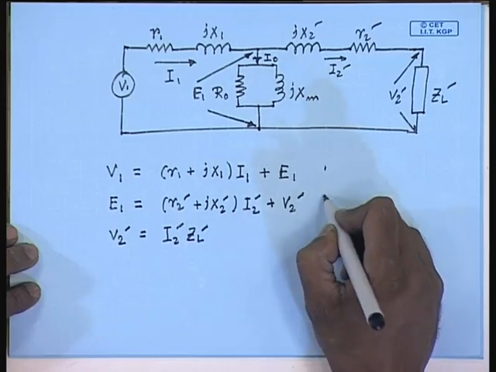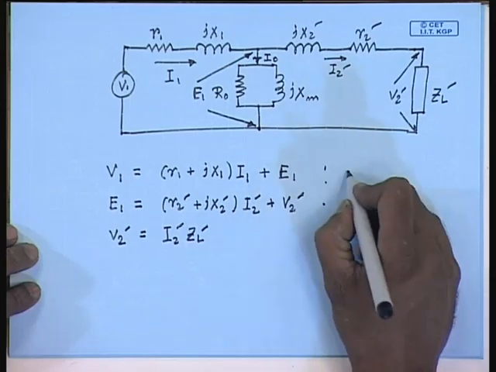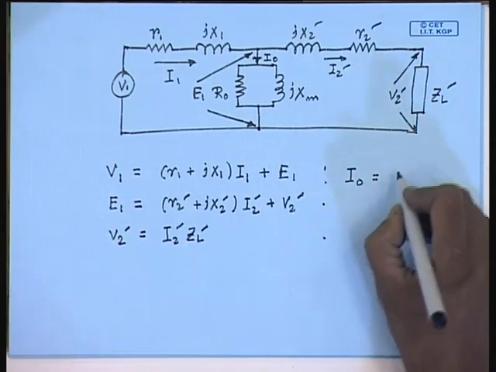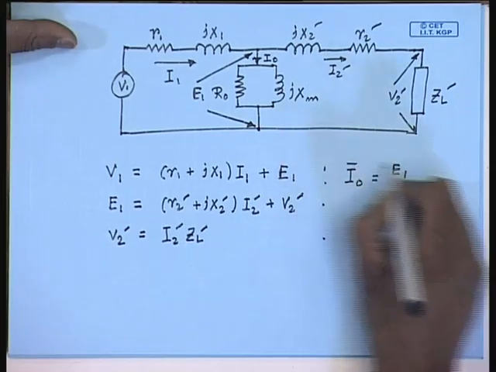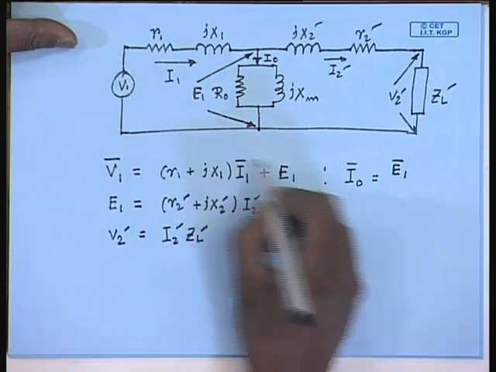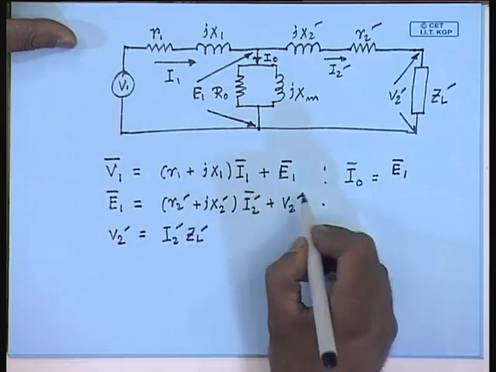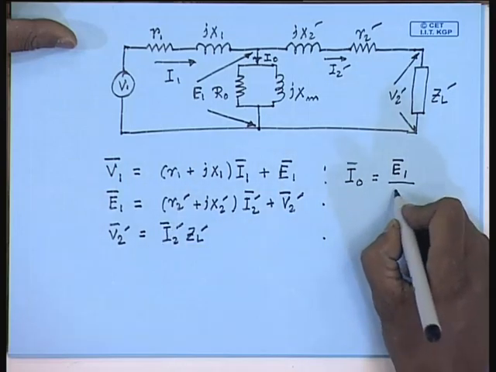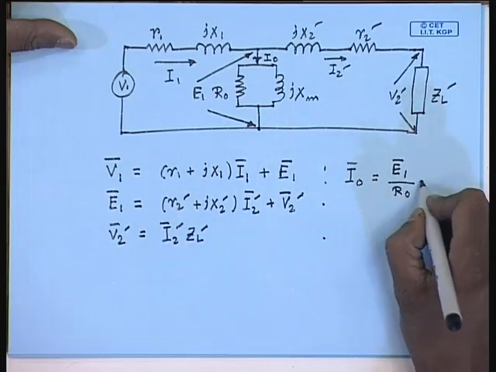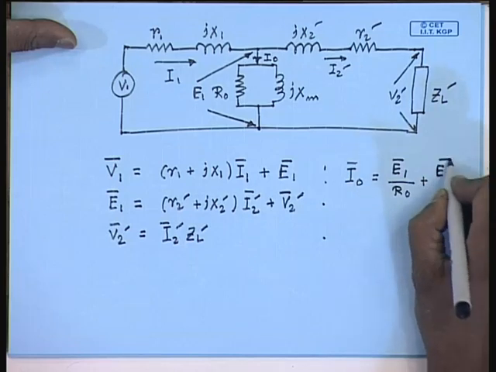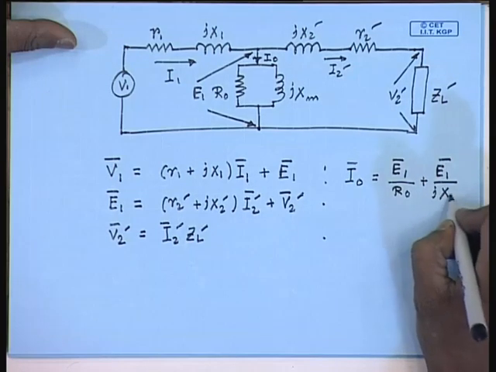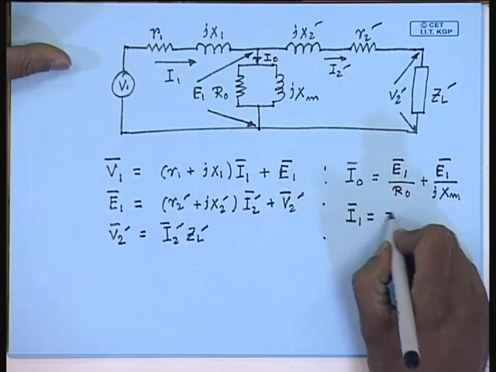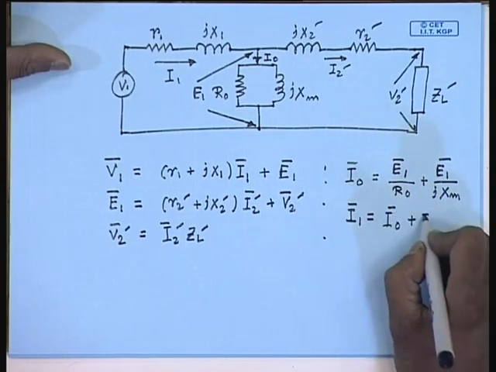Similarly, I0 equal to E1 by R0 plus E1 by jXm, these are all phasors, and I1 equal to I0 plus I2'.